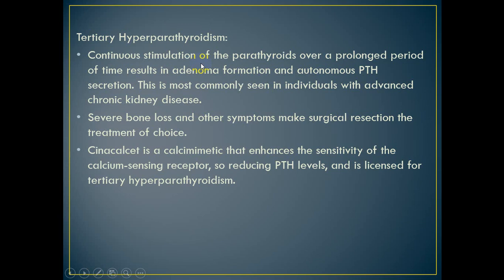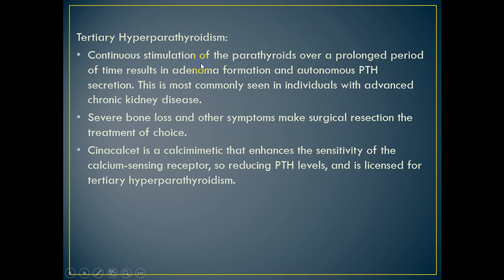If this process continues for a long time, it will result in adenoma formation in the parathyroid gland and spontaneous secretion of parathyroid hormone without stimulation by hypocalcemia. Instead, with time, after development of adenoma, the patient will develop hypercalcemia. So this is called tertiary hyperparathyroidism.